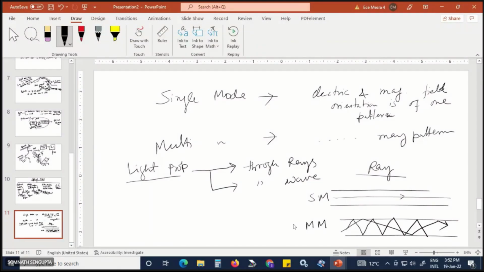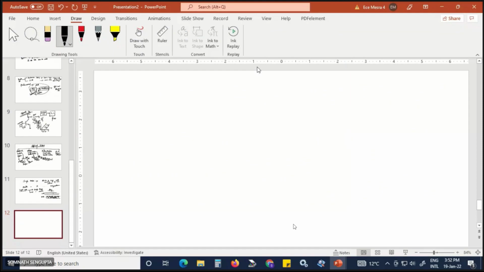In terms of rays, but in terms of modes or waves, you have to analyze the electromagnetic field pattern. Let us draw one such electromagnetic field pattern, like say HE11 mode.